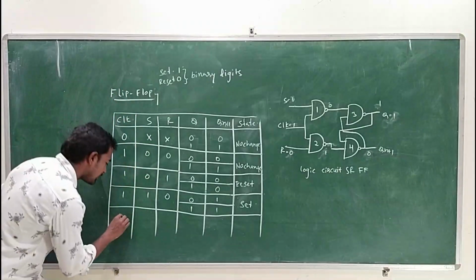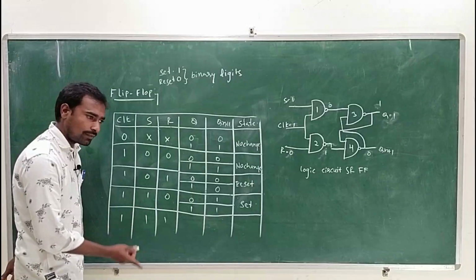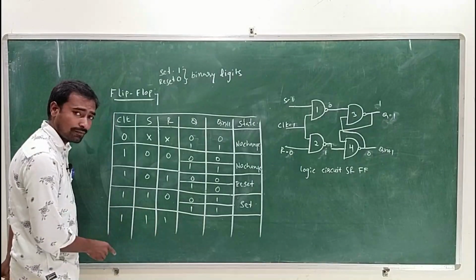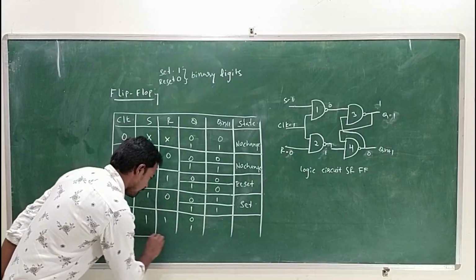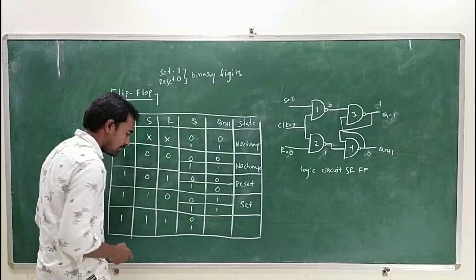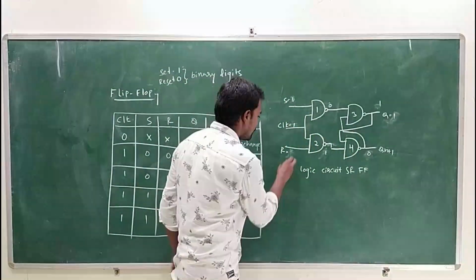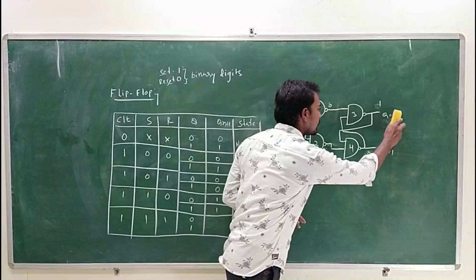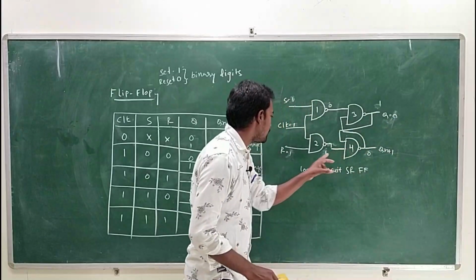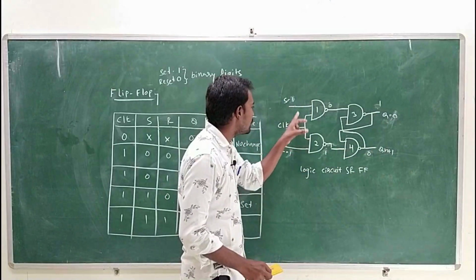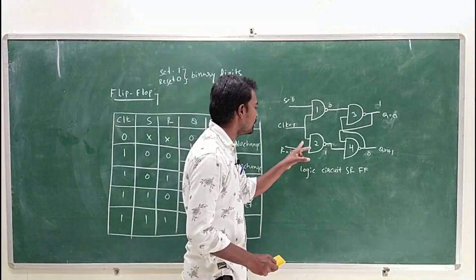And if the clock signal and S and R all inputs are active high, that means all the inputs are 1, and here I am taking Q is equal to 0 and 1, then we will get the combination of S is equal to 1 and R is equal to 1, and I am taking Q is equal to 0. For this state 1 cross 1 equal to 1, 1's complement 0, and again 1 cross 1 is equal to 1, 1's complement 0.